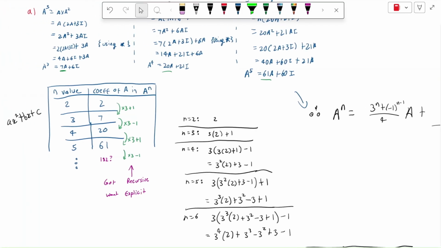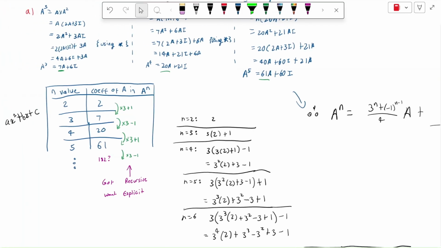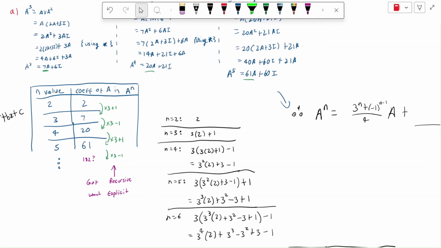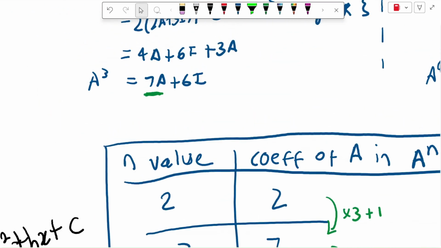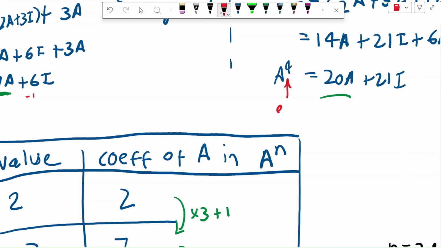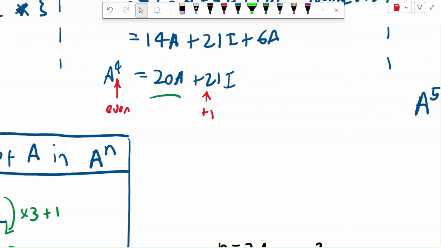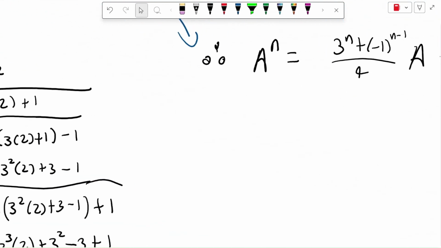And with the I term, it looks like sometimes it's 1 less and sometimes it's 1 more. So it looks like if A cubed, so that would be an odd power, then it's 1 less than the A value. But on the even power, it's 1 more than the A value. So let's see how that all plays out.